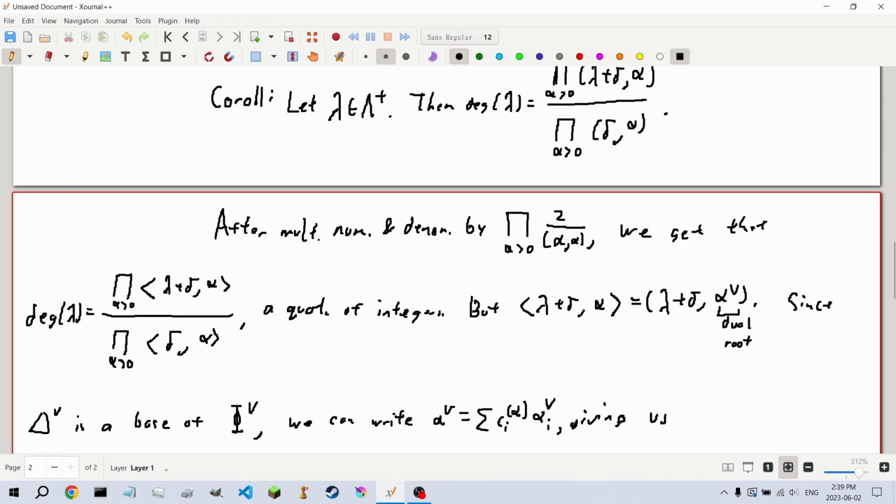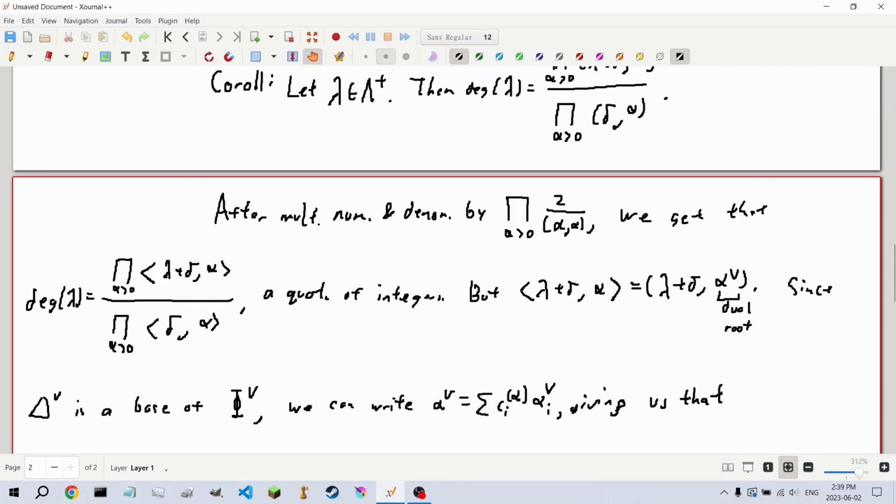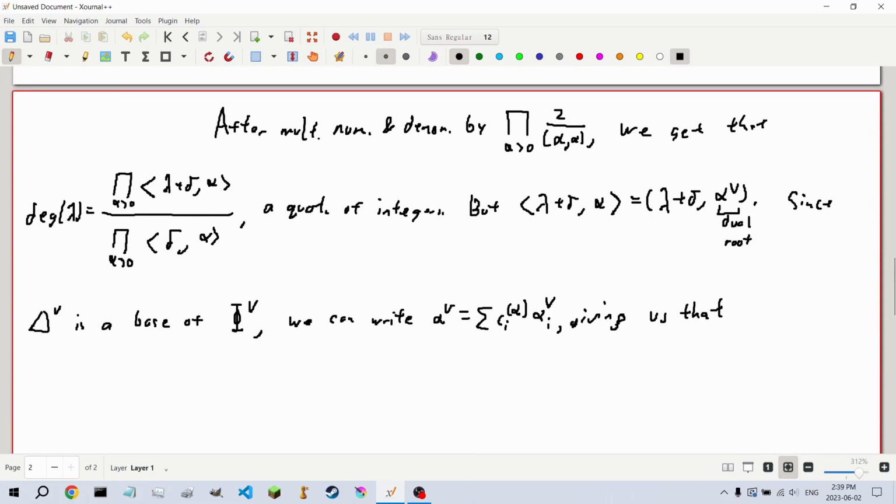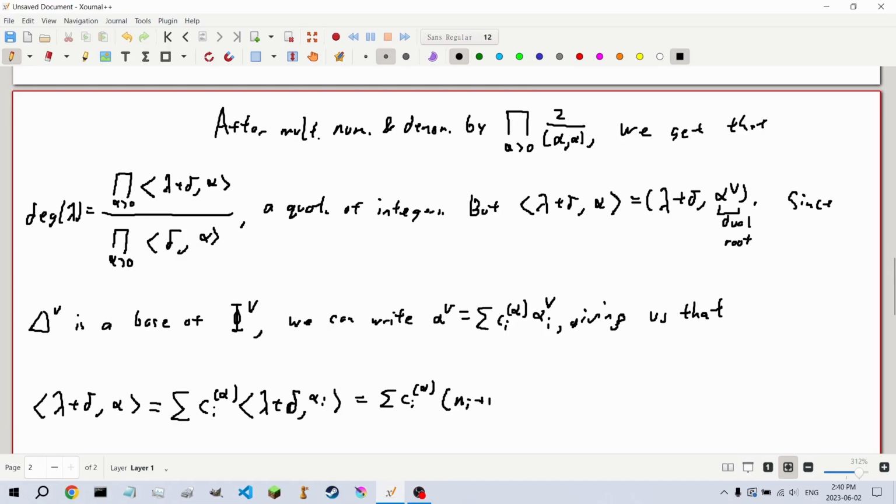This gives us that the angle bracket of lambda plus delta and alpha is the sum over c_i alpha of the angle bracket of lambda plus delta with the component alpha_i, which is the sum of c_i alpha times m_i plus 1 for lambda being split up.